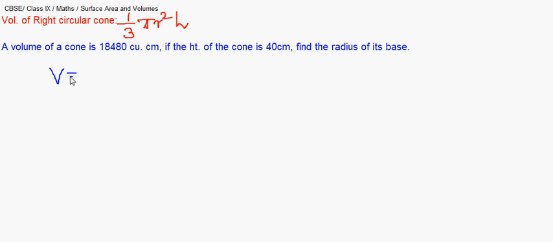V is given as 18480. That means 1 by 3 pi r square h is 18480.